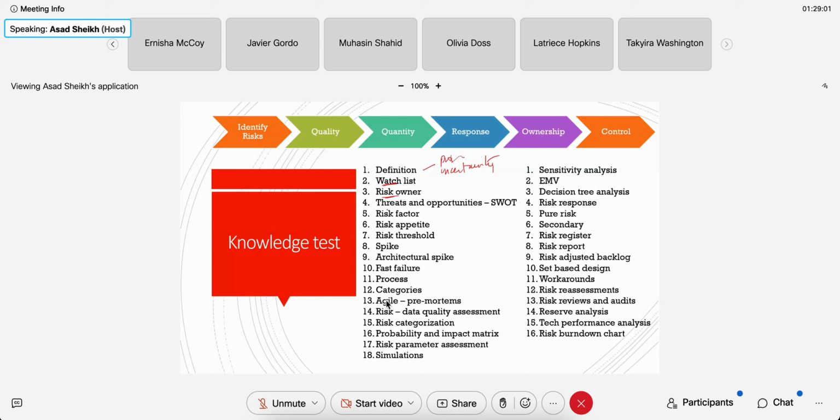So we talked about the threats, we talked about the opportunities, we talked about the SWOT analysis. The SWOT analysis is a tool to identify your risks. Now we can talk about risk factors and risk appetite. How much risk can you take? Can you climb the mountain?